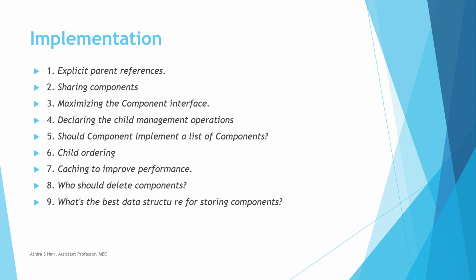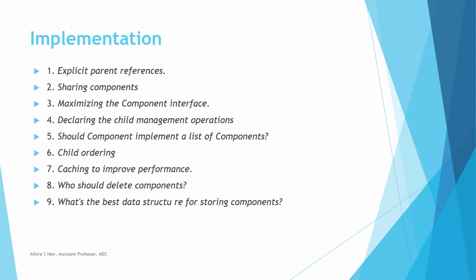This is an important issue: in which classes do we declare these operations in the hierarchy? The decision involves a trade-off between safety and transparency. Defining the child management interface at the root of the class hierarchy gives you transparency, but it costs safety, because clients may try to do meaningless things like add or remove objects from leaves.